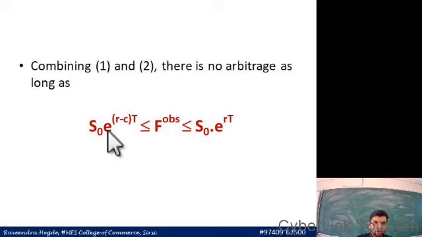So this is a very important concept, a very important remark in financial derivatives.